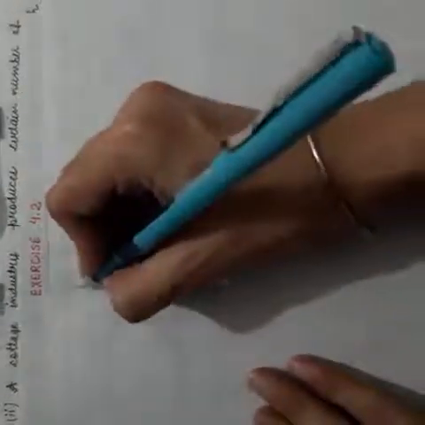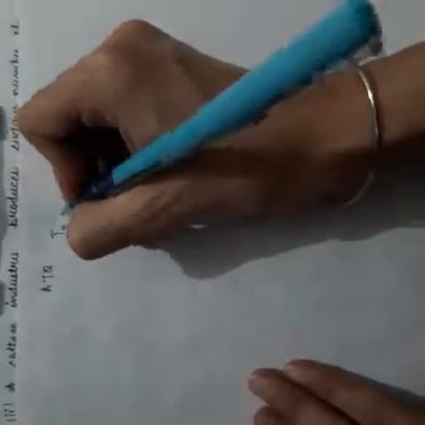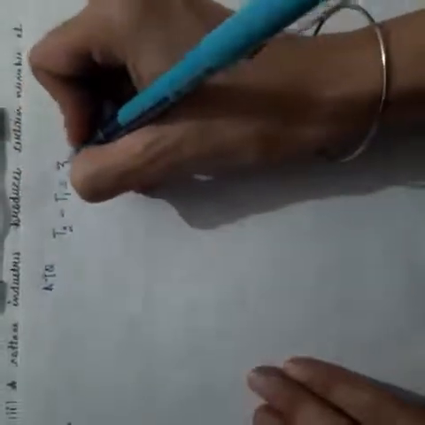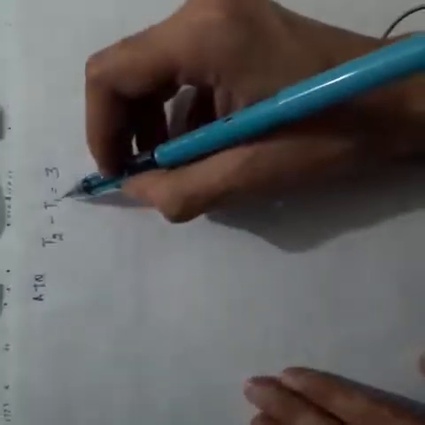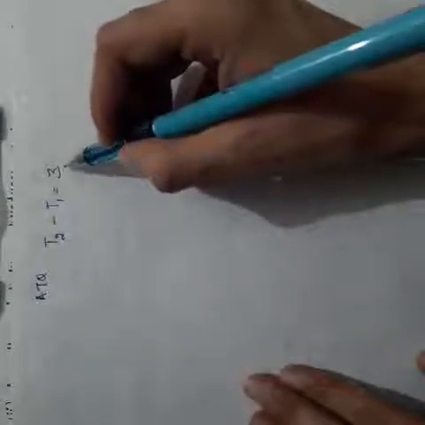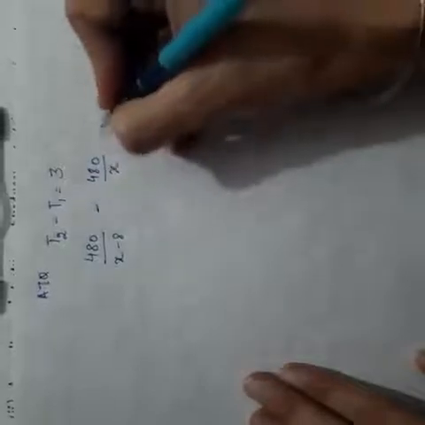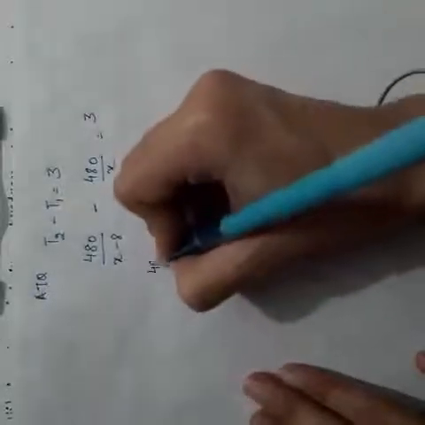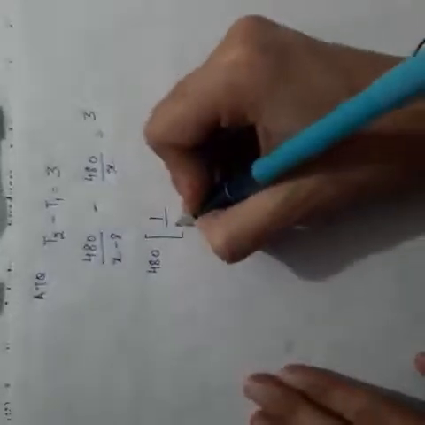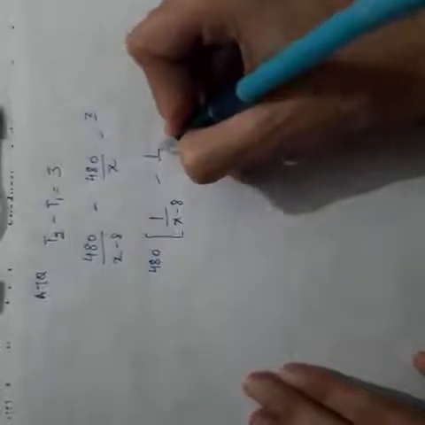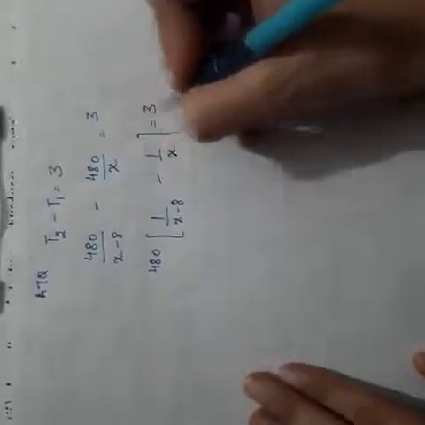So according to question, you will write T2 minus T1 is 3 hours because T2 is greater than T1. So the difference is given to be 3. So T2 was 480 upon x minus 8 minus 480 upon x, which is equals to 3. You can take 480 common. 1 upon x minus 8 minus 1 by x is equals to 3.